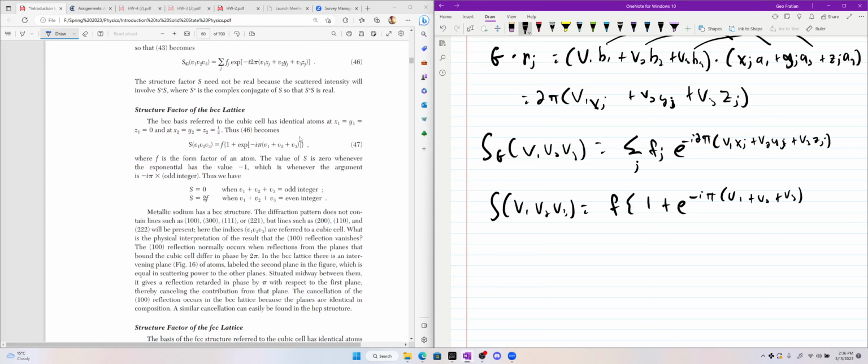So the value of S is 0 whenever the exponential has the value negative 1. Right? So if this has the value negative 1, then f goes to 0, so S is 0. So S equals 0 when v1 plus v2 plus v3 is an odd integer.